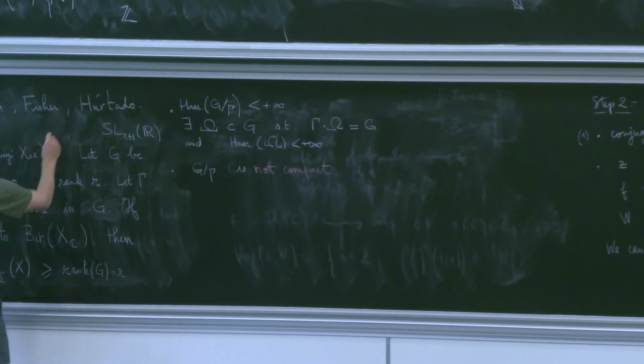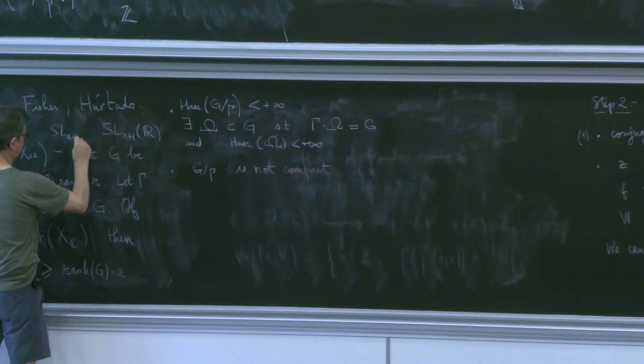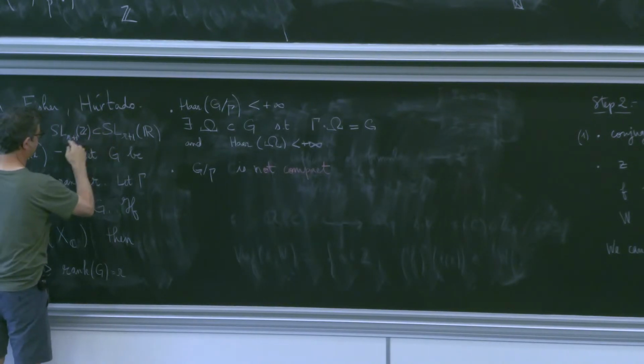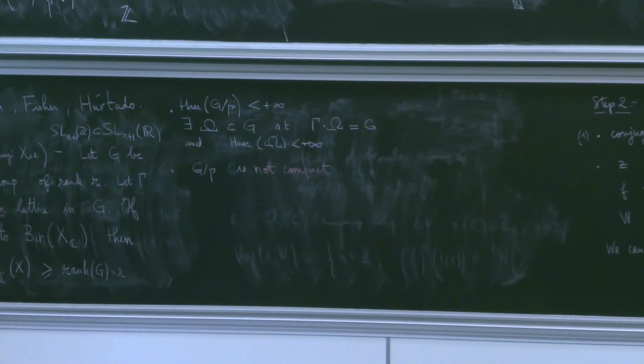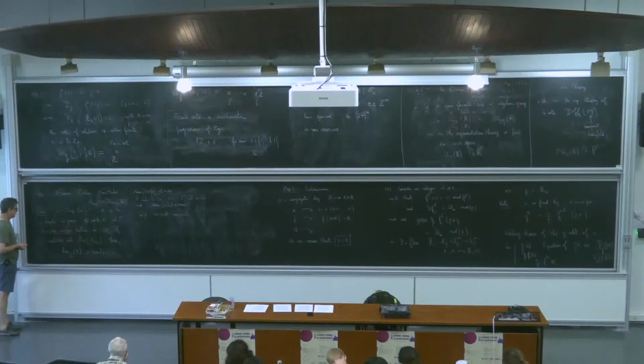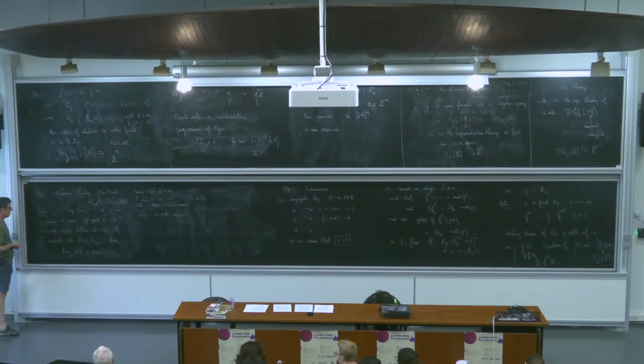Then you can take gamma to be this group, SL R plus 1 of Z, and the theorem applies. But you can also replace gamma by any finite index subgroup in this group. Okay, and there are other examples of non-uniform lattices.